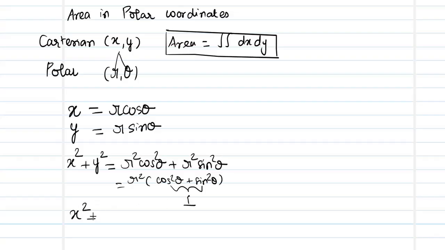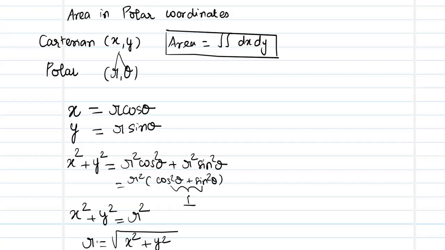Therefore, we have x square plus y square equal to r square, or r is root over x square plus y square. Now this gives the relationship for conversion from Cartesian to the polar coordinates. And to get back, the reverse relation will also work.